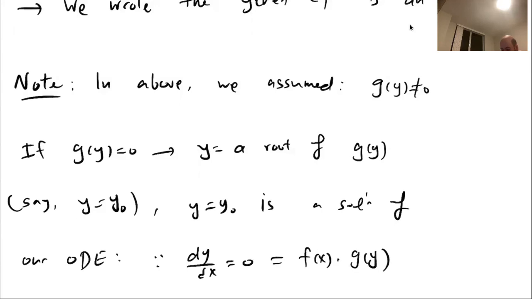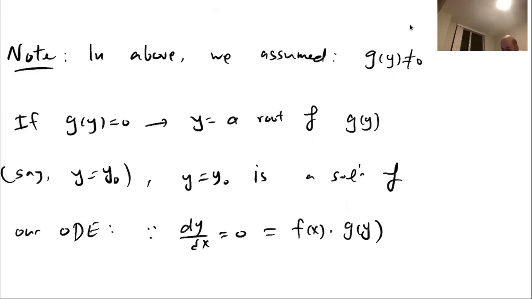Since g of y naught is 0, if y is equal to y naught, the right-hand side will be 0, because g of y naught is 0 by assumption. And dy over dx, the left-hand side, will also be 0.